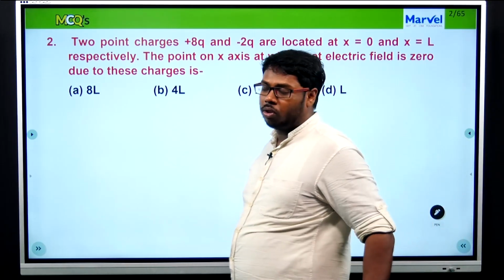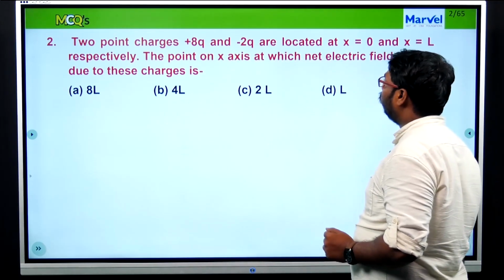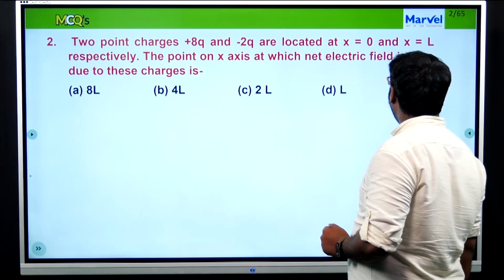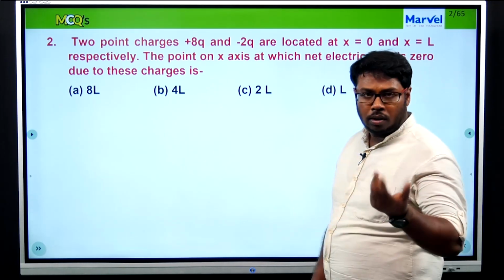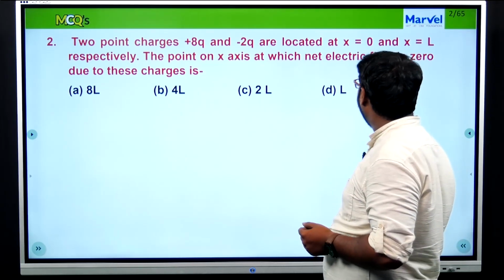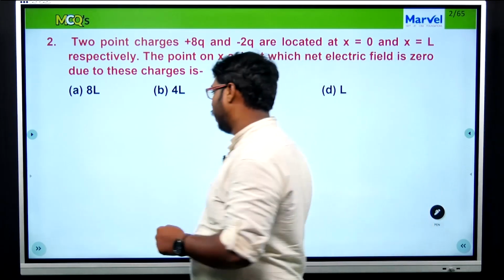It's again a very interesting question if you observe. 2 point charges plus q and minus q are located at x equal to 0 and x equal to L respectively. The point on the x-axis at which the net electric field is 0 due to these charges is.